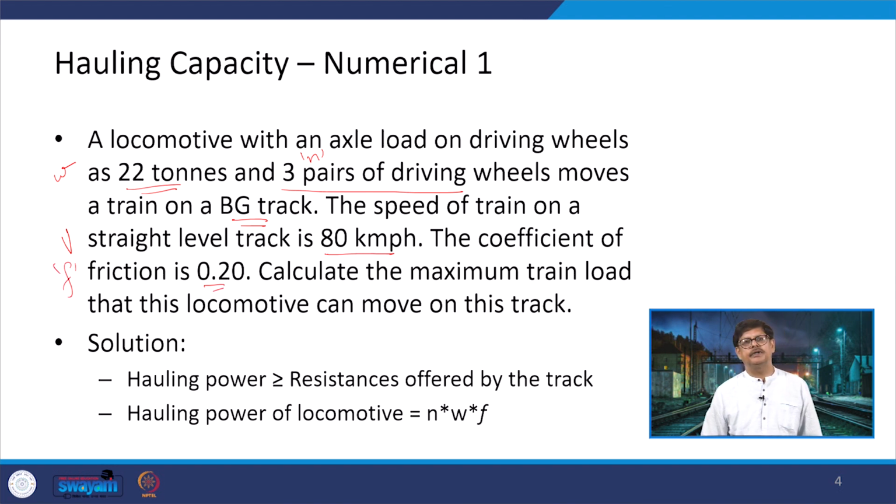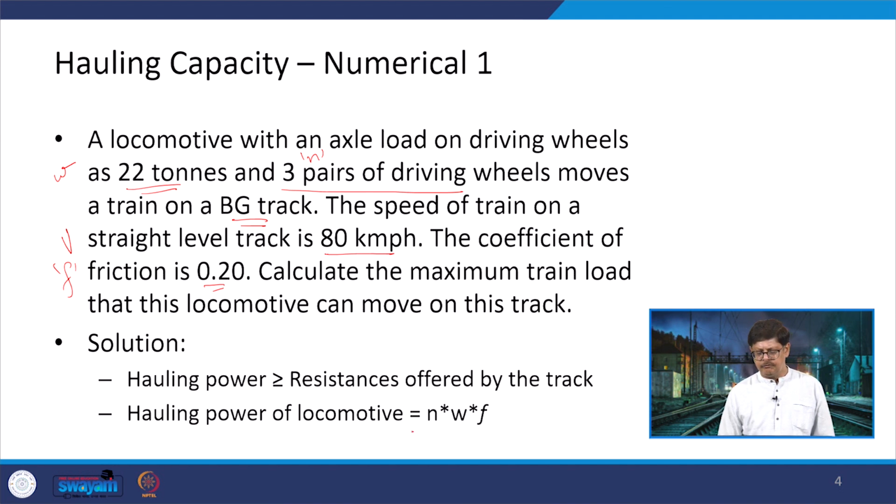What we have to calculate is the maximum train load that this locomotive can move on this track. The very first thing we have to do is to calculate the hauling capacity, because the hauling capacity has to be at least equal to the various resistances being offered by the track, or otherwise it should be more than that.